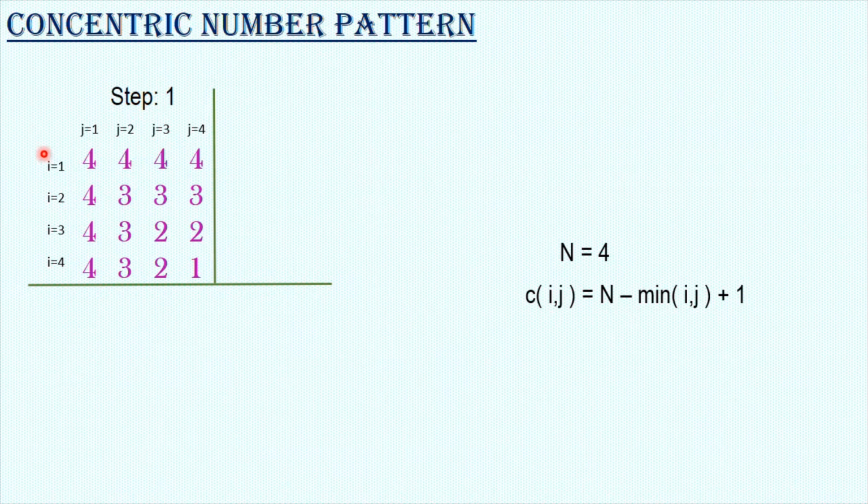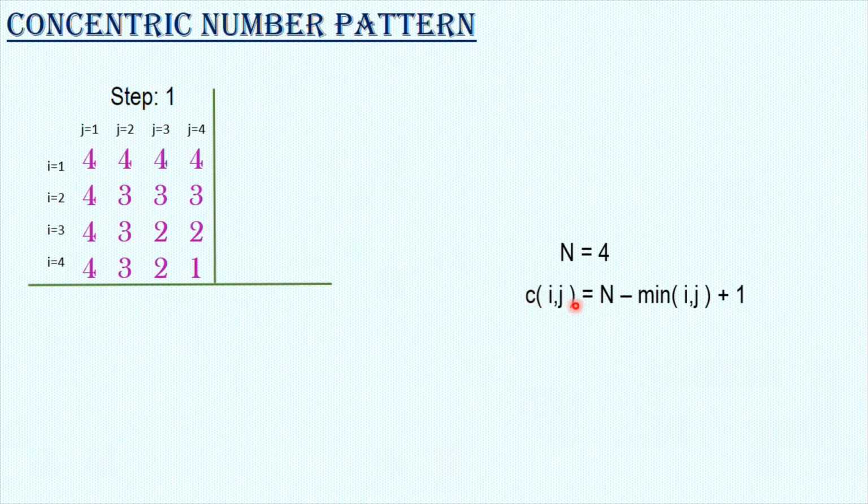For example, let us take i equal to 1, j equal to 1. Minimum of 1 comma 1 is 1. On substituting the values, 4 minus 1 plus 1 is equal to 4. That is C of 1 comma 1 is 4. We can verify that at i comma j equal to 1 comma 1 it is 4. Another example, i equal to 3, j equal to 4.